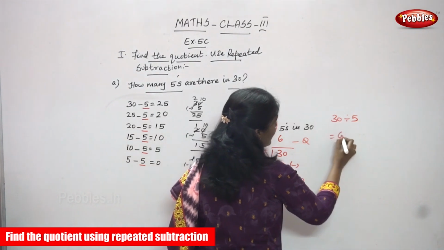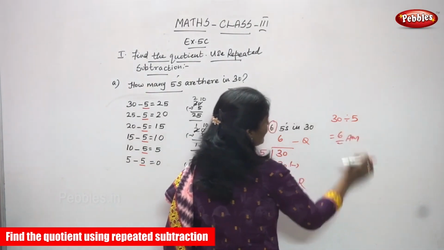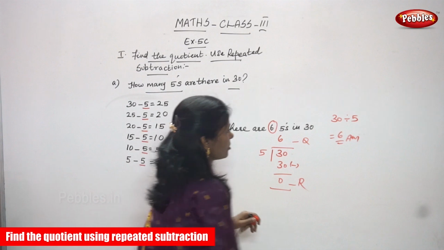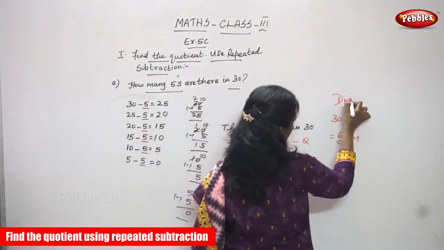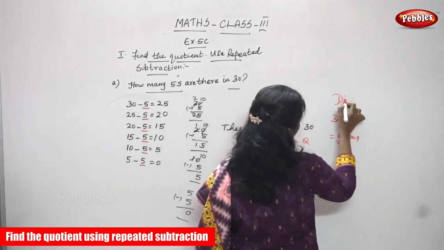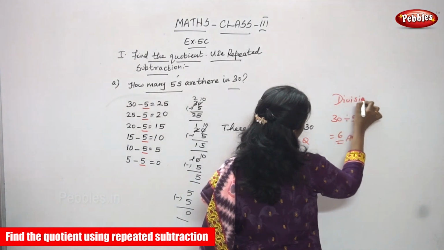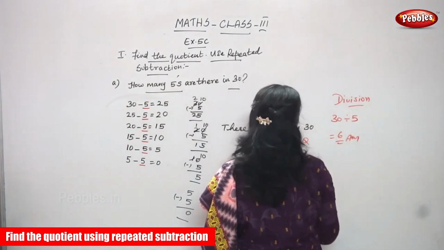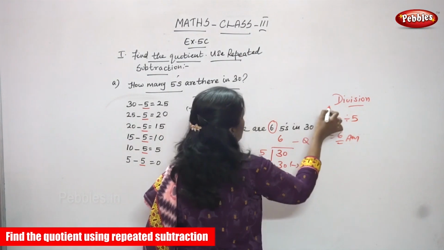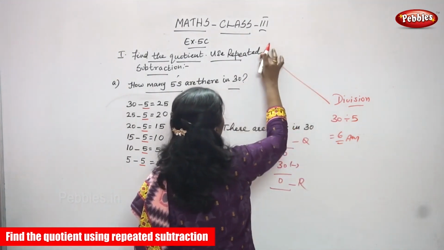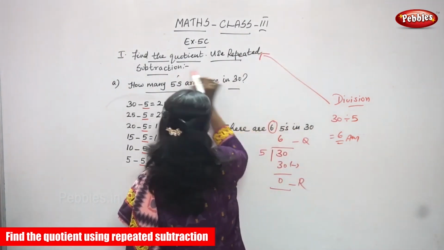So the answer is 6. This is repeated subtraction, and this is division. Division is otherwise called repeated subtraction.